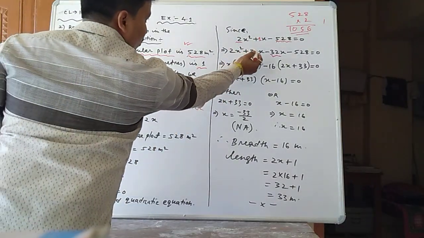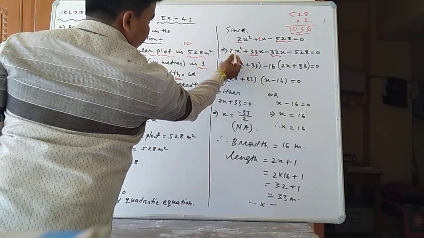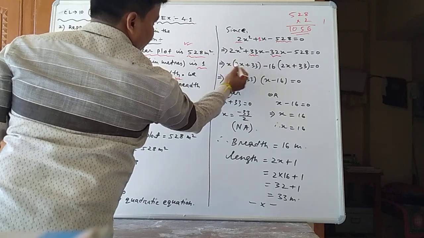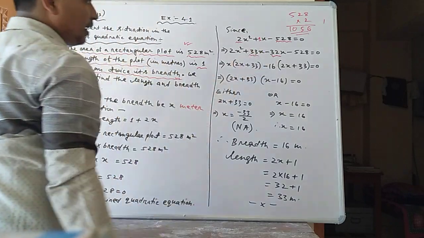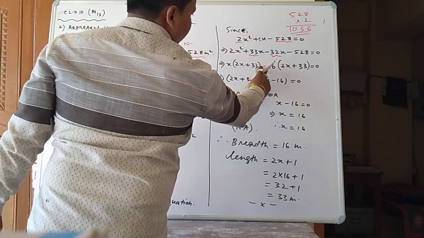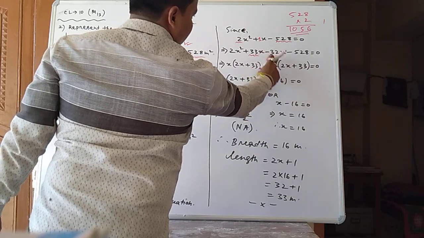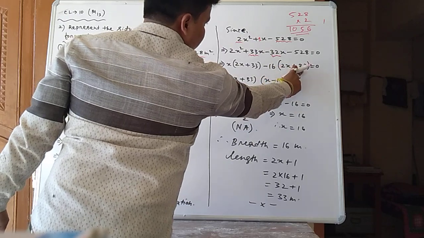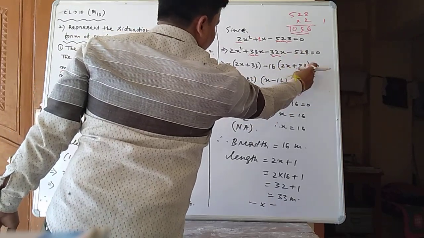After that we take x common from the first two terms, leaving 2x plus 33. Then from the other two terms we take common minus 16, giving minus 16 into 2x plus 33, which is minus 16 into 33 equal to minus 528, equal to 0.